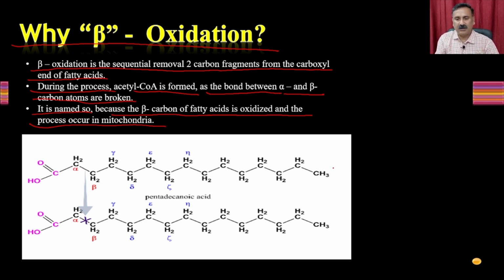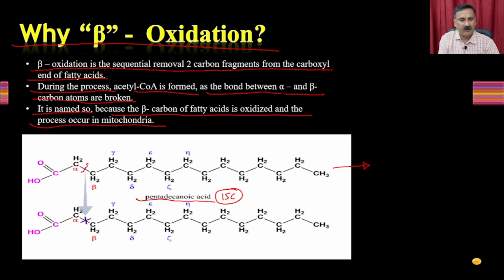So this is what you are going to see. This is a lipid molecule, a fatty acid, which is called pentadecanoic acid. Pentadecanoic acid means it has a 15-carbon chain, and you see this is the bond between the alpha carbon and the beta carbon.